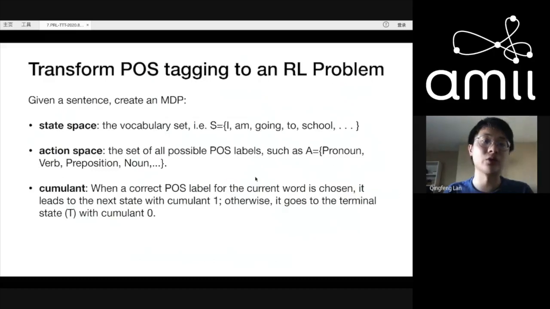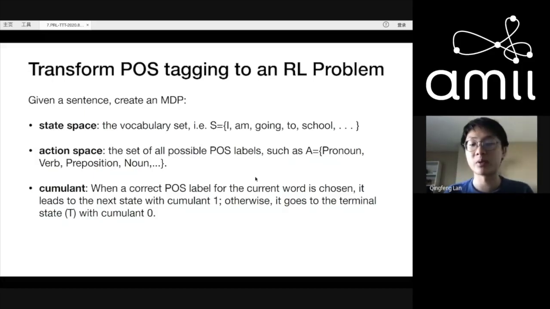Then I'll show you how to transform POS tagging into an RL problem. Let's say given a sentence, we want to create an MDP, and the state space of this MDP will be the vocabulary set. The action set is the set of all possible POS labels, such as pronoun, verb, preposition, noun, etc. And the cumulant is a little bit tricky.